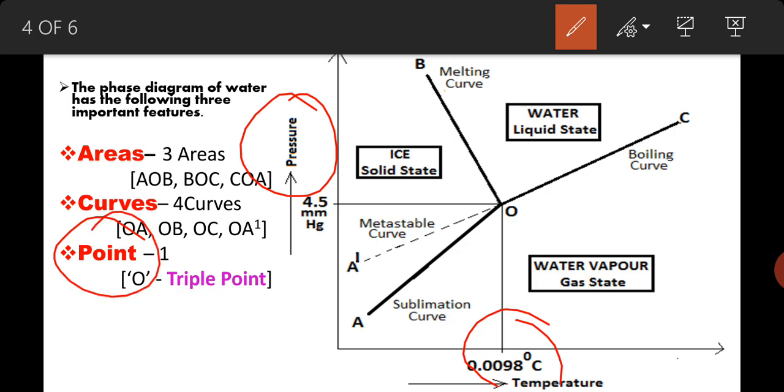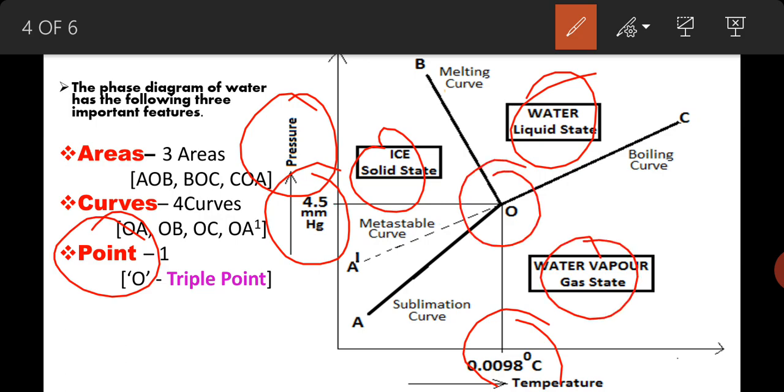Next one is the point. Here at low pressure, that is 4.5 millimeters of Hg, and at a temperature of 0.0098 degrees centigrade, all three phases meet at the point O. This point is called the triple point.